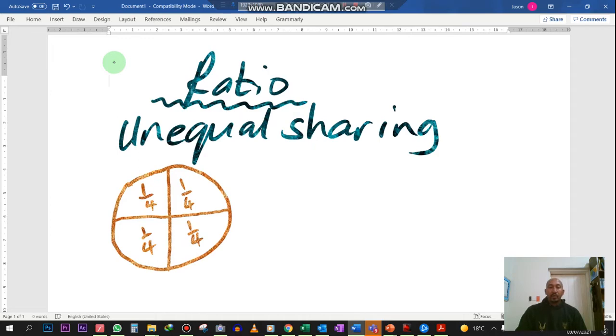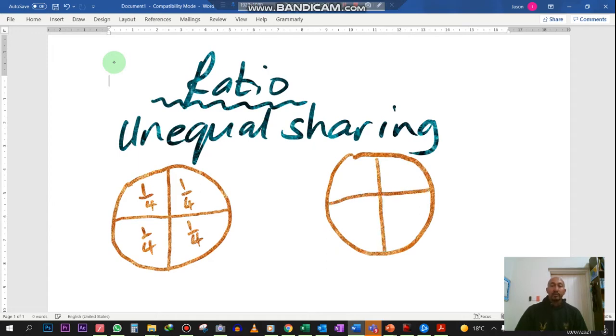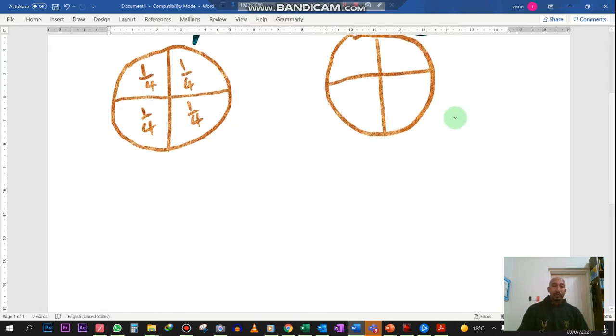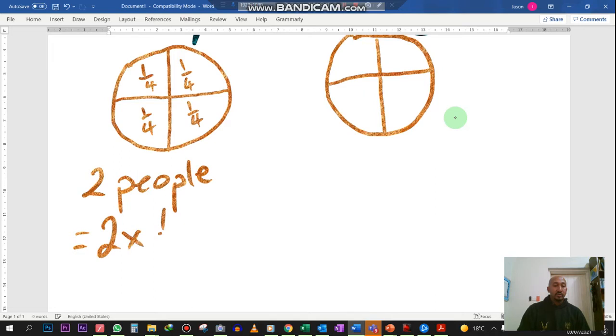However, when we are sharing ratio, it does not necessarily mean that each person is going to get 1 of these pieces of pizza. So if we were sharing this with 2 people, each person is going to get 2 times a quarter or a half of the pizza.